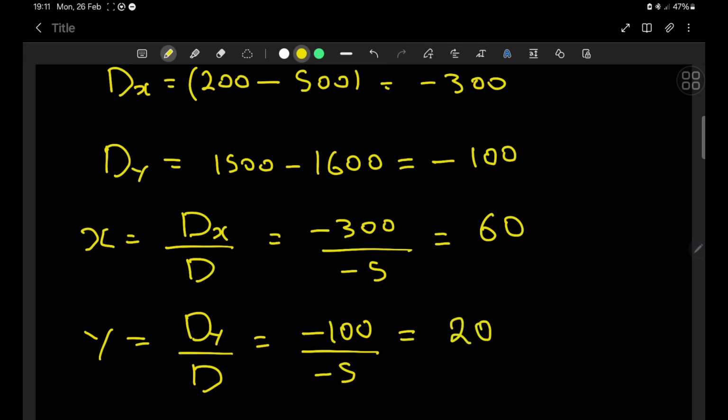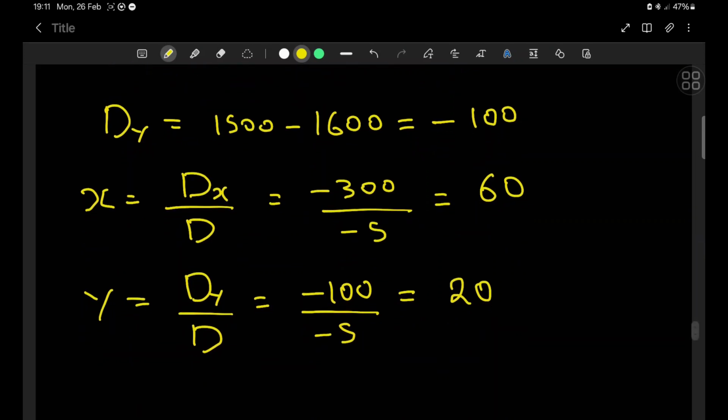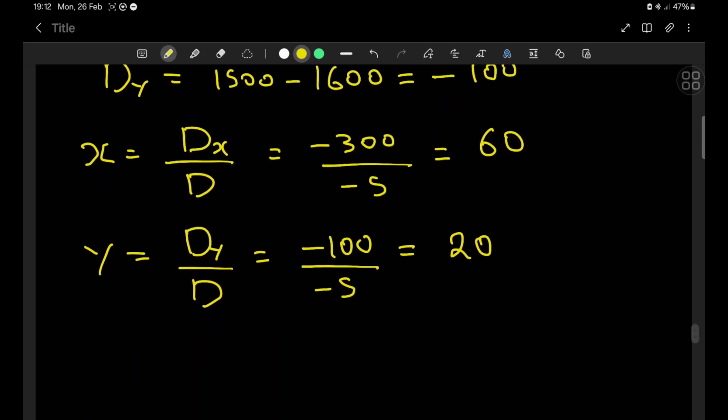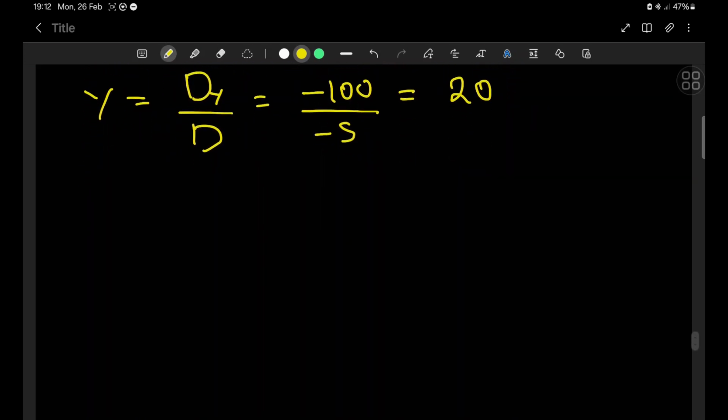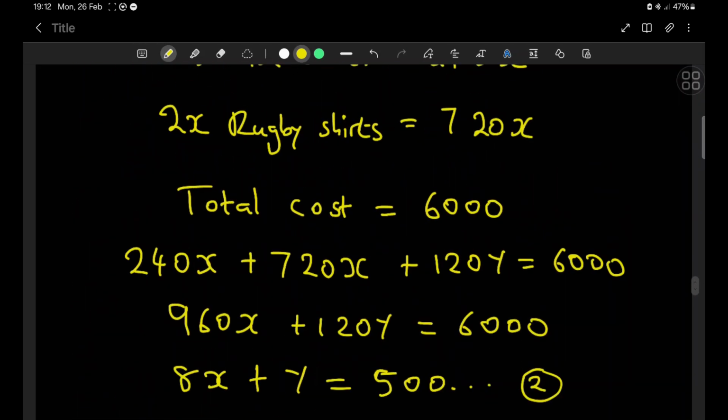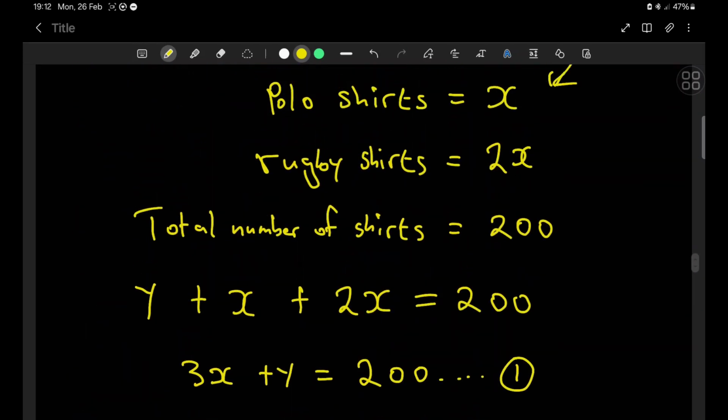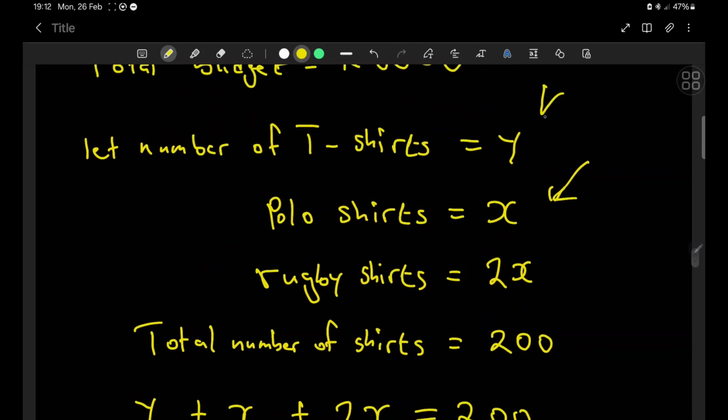So now we can replace these on the part where we had listed the number of t-shirts, number of polo shirts, and number of rugby shirts. So number of t-shirts, y, is now 20, x is 60, and 2x will be 2 multiplied by 60, that is 120.